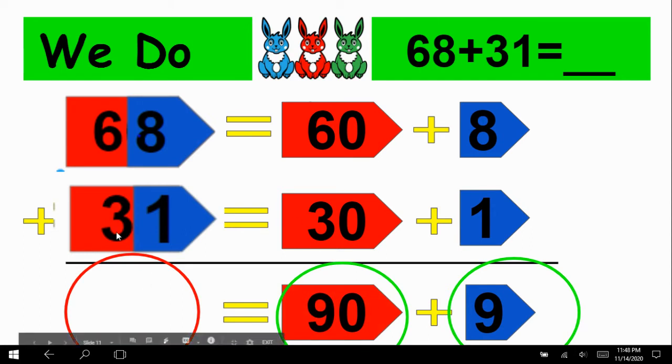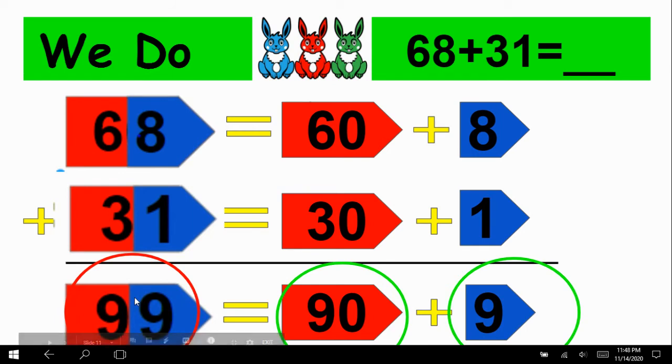Now we're ready to find the sum by adding these partial sums, these add-ins. So something is equal to 90 plus 9. Let's push the cards together. Did you get 99? All right, good job.